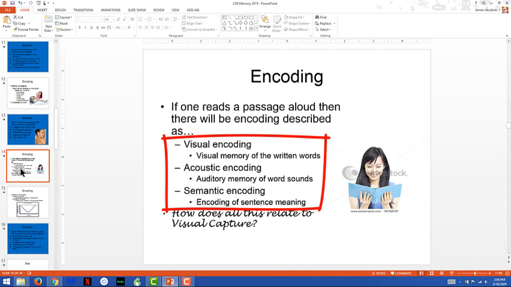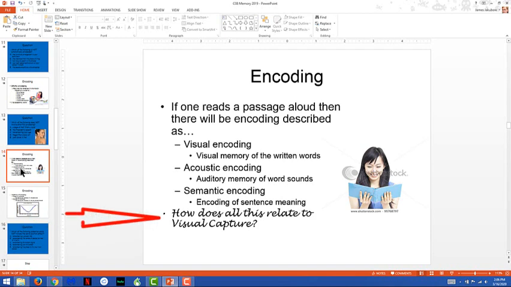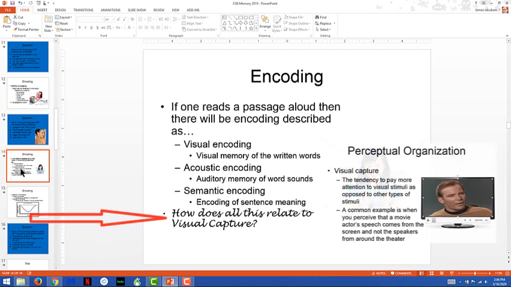we had, back in the Sensation and Perception chapter, talked about visual capture. Visual capture, as I told you back then, was a process by which vision dominates all of your other senses. And so, of your 6 senses operating, vision always tends to be the primary modifier of your experience of the remaining 5 senses.